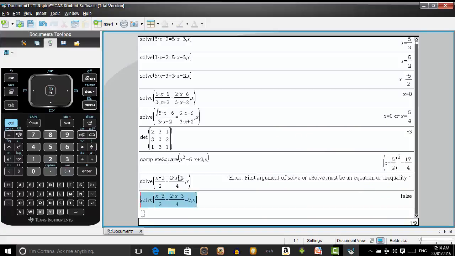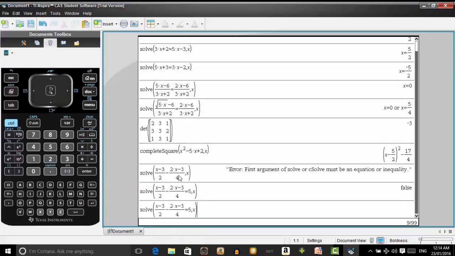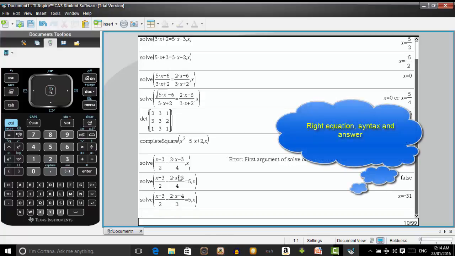Okay, we need to copy it again. Minus 4 over 3. Okay, so that's the other thing to be careful of. And enter. Now it gives you the solution.